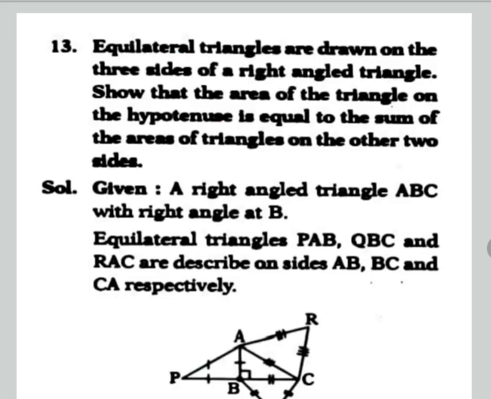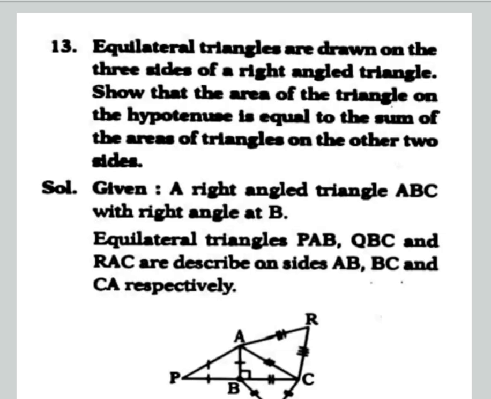Equilateral triangles are drawn on the three sides of a right angle triangle, so that the area of the triangle on the hypotenuse is equal to the sum of the areas of the triangles on the other two sides.